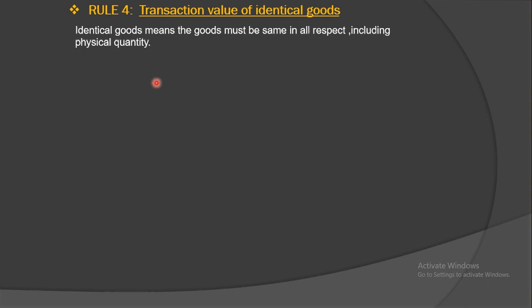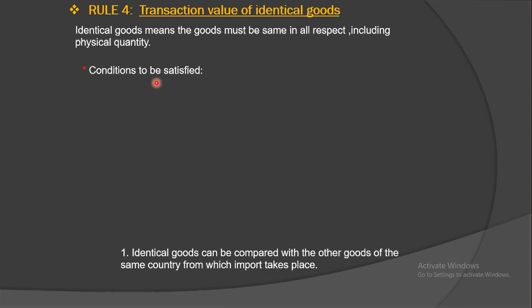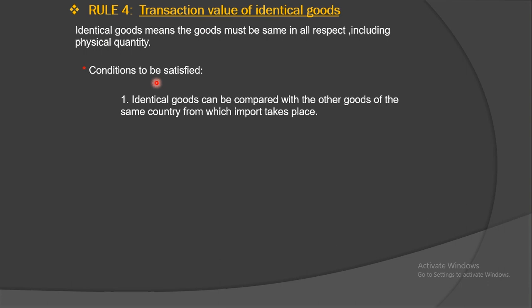Okay, if we have identical goods, we have to satisfy a few conditions to take the transaction value of identical goods as our assessable value. The first condition is that the identical goods can be compared with other goods of the same country from which import takes place.